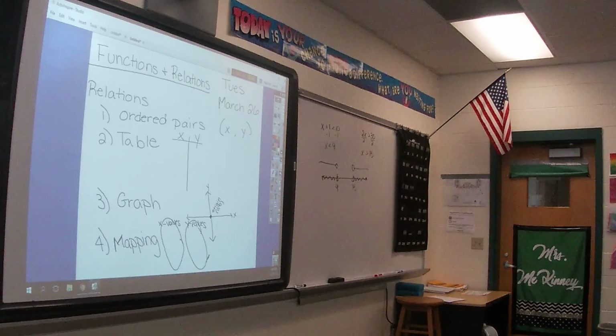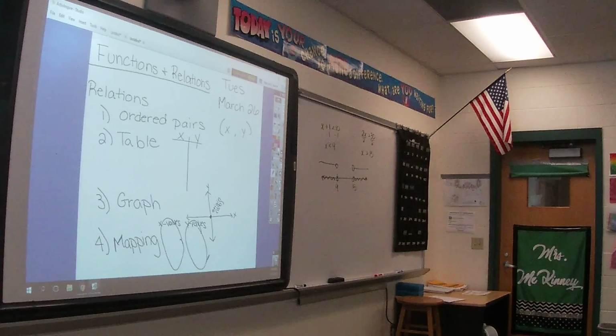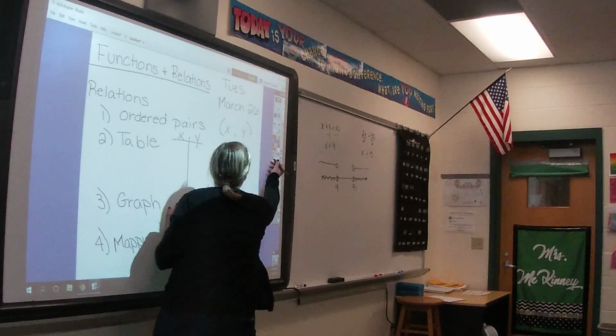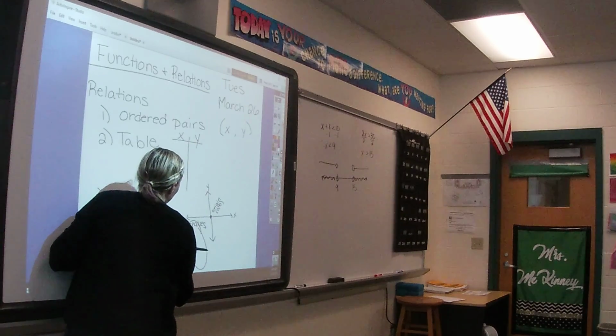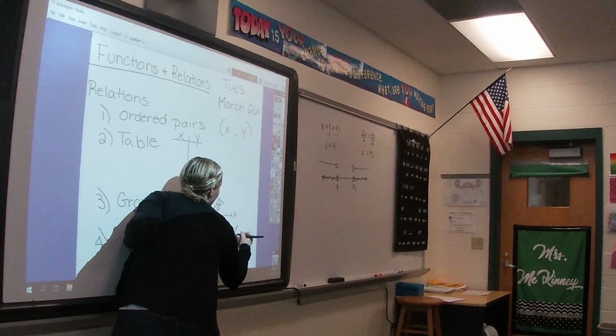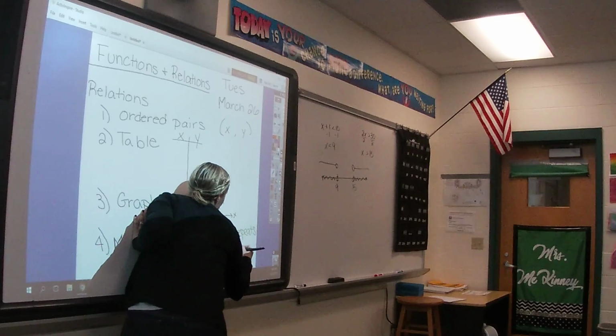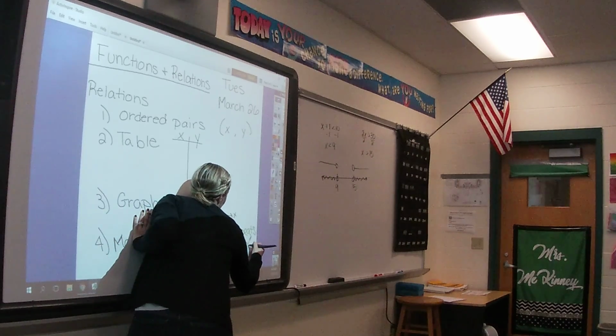When we list our x values and our y values, there are some very specific rules. This counts for both the x and the y. We're going to list with no repeats, and we're going to list in numerical order.